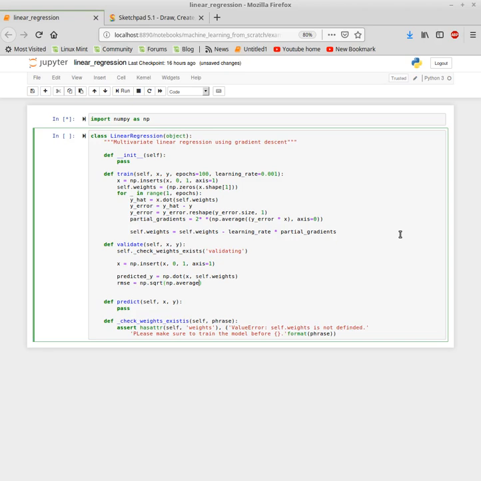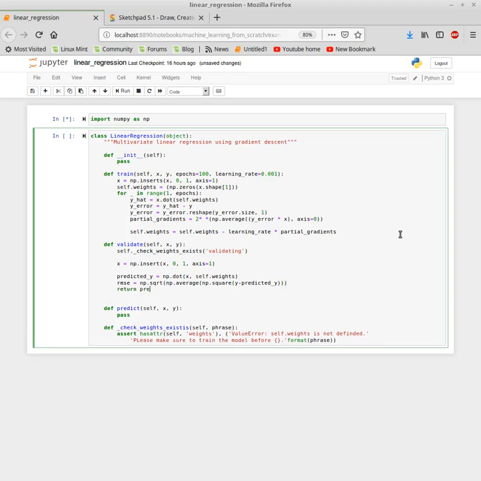You can do mean squared error, but this is just what we're doing here. It doesn't matter. So we're going to average it. So this is just mean squared error, this part, minus predicted y, and we're going to return the predicted y.